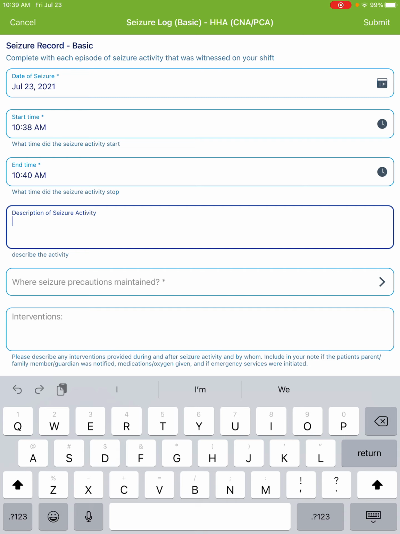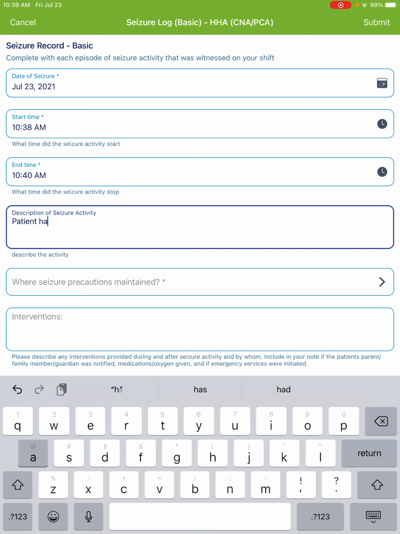So we can say patient had mild... So you would just describe where the patient was, what they were doing, all of those pieces there.